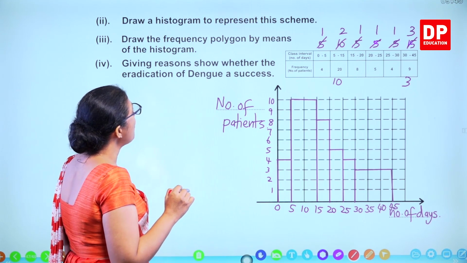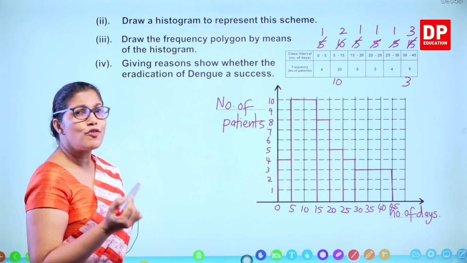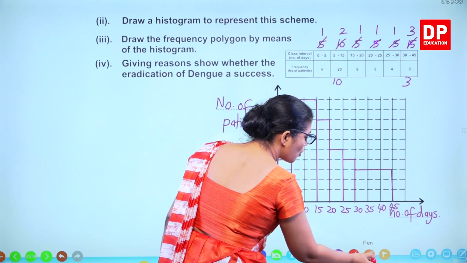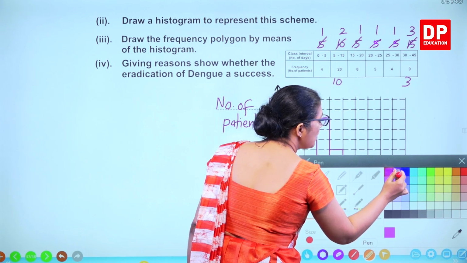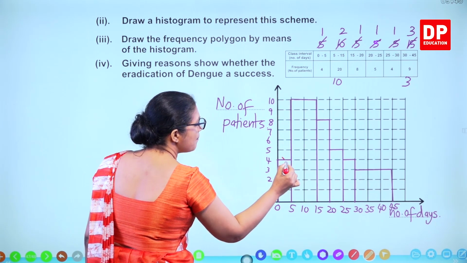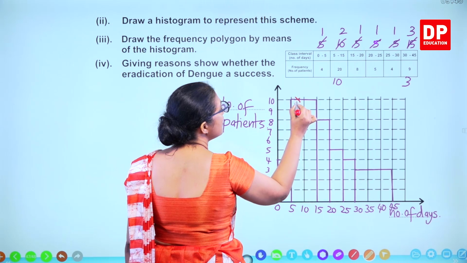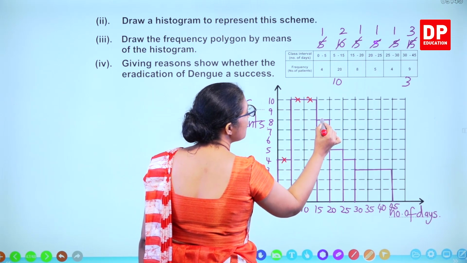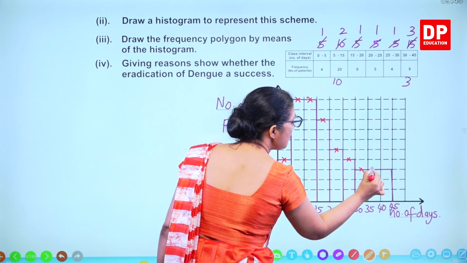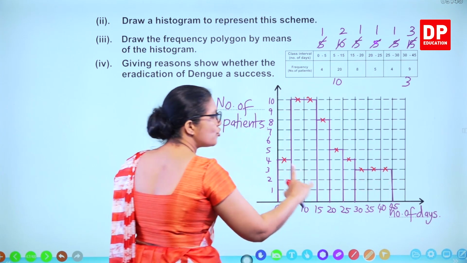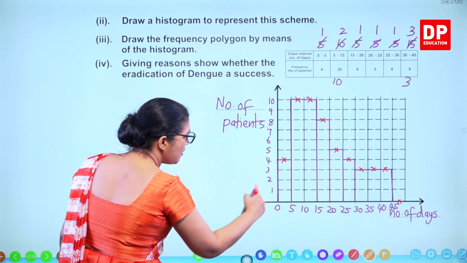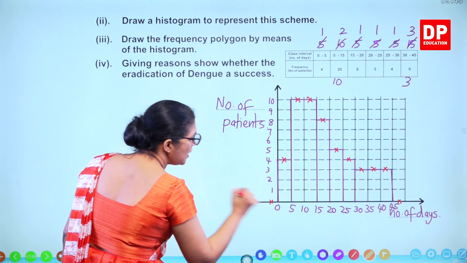Draw the frequency polygon by means of this histogram. How do you draw the frequency polygon? You have to mark the midpoints of the bars. For each separate bar, we mark the midpoints. So here you get 3 midpoints. And after that, you have to take the midpoint before the first bar and the midpoint after the last bar as well.